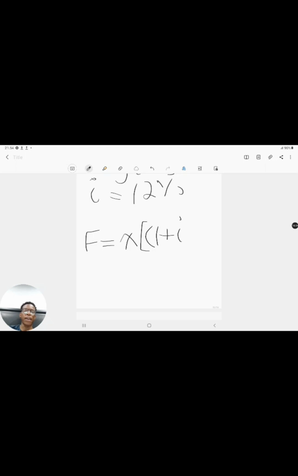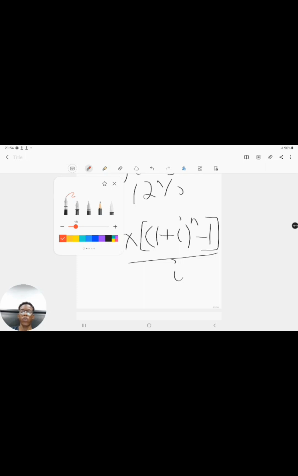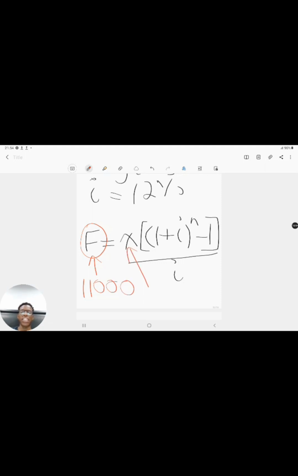Remember I said you use this future value formula when you want to save up for an amount of money. In this case, what you want to save up for is 11,000. You want to save 11,000 by putting in a certain amount of money every year for the next 5 years into your investment account at an interest rate of 12%.